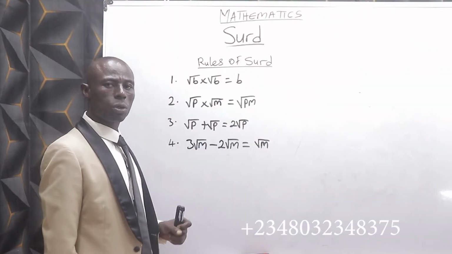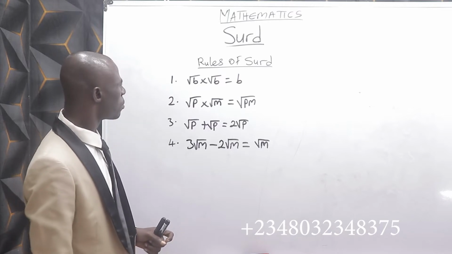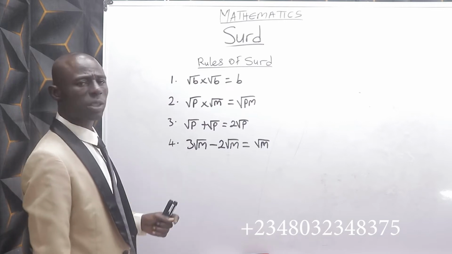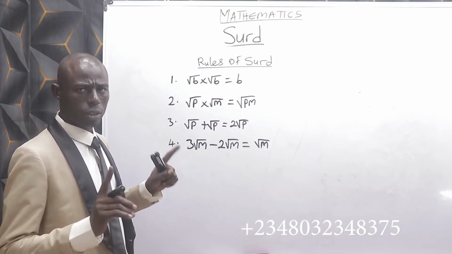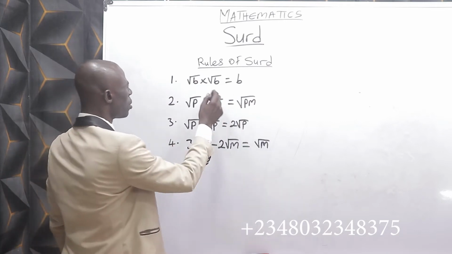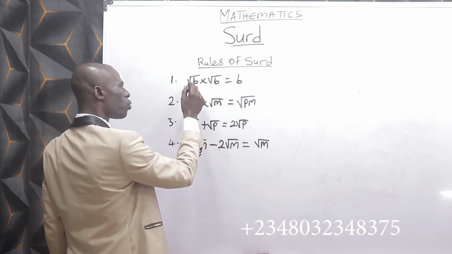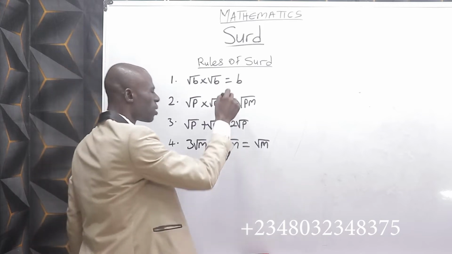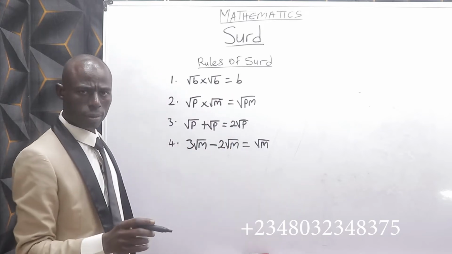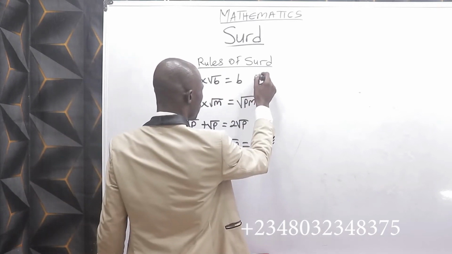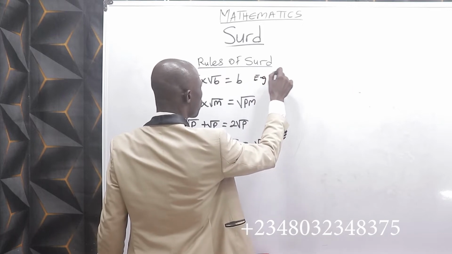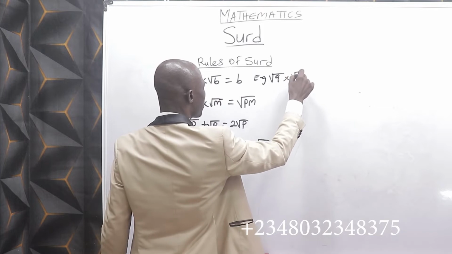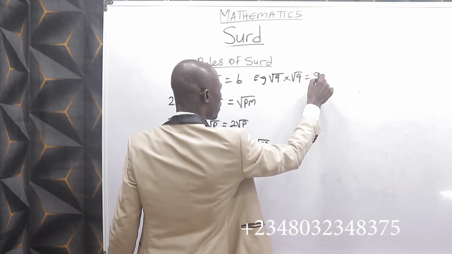Let's go to rules of surds. Number 1 rule we have there is the rule of multiplication of the like sort. When you have root b to multiply root b, the result is equal to b. For example, if you have root 9 times root 9, the result is 9.